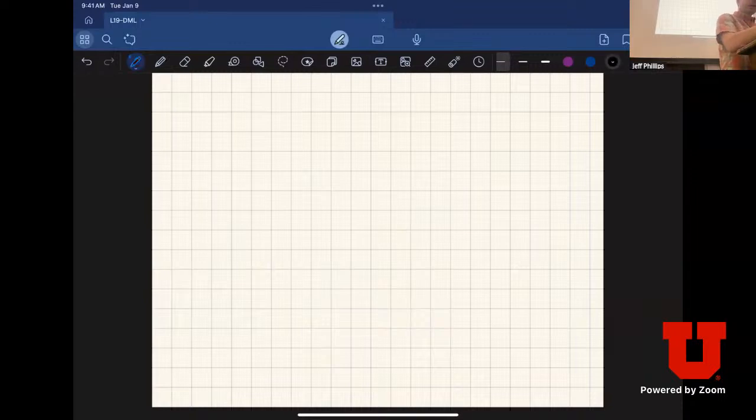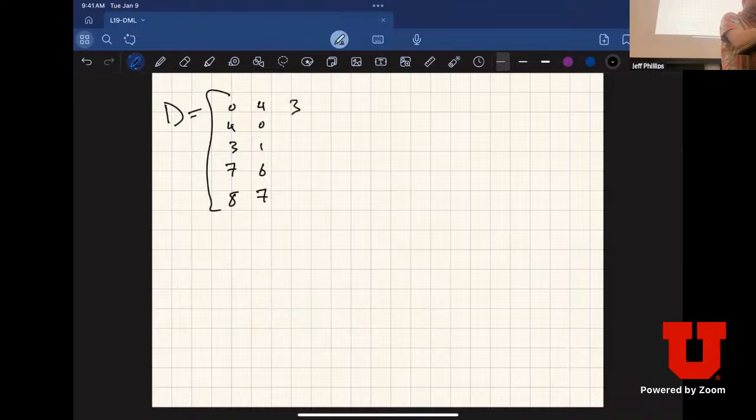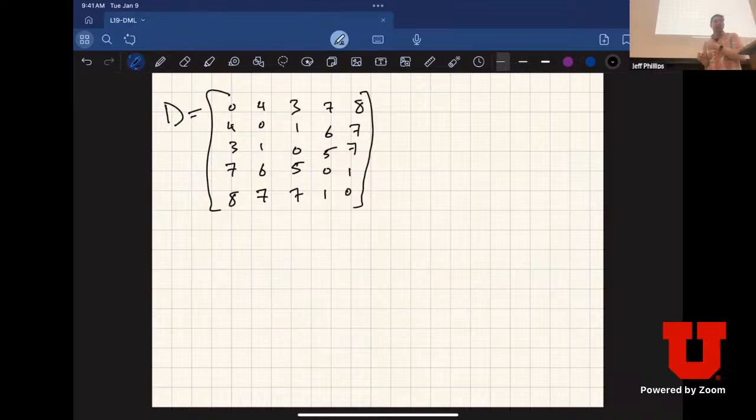Okay, so let me write down a very small example. I don't have this preloaded, sorry, but I have a lot of other stuff loaded on slides. This is a distance matrix, right?